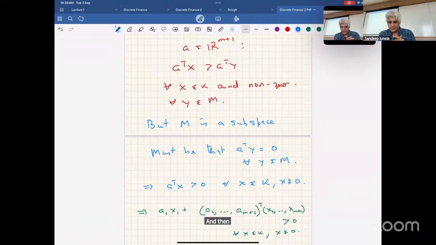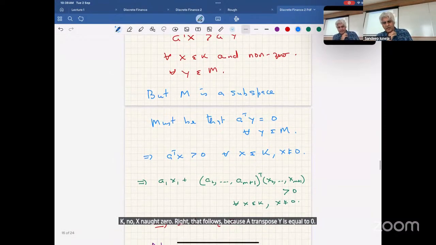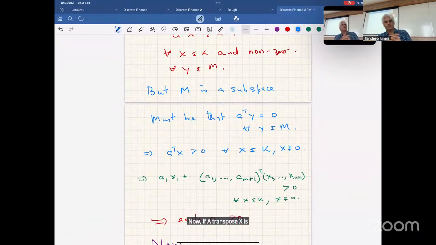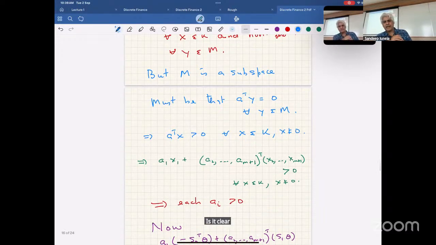And then A transpose X is greater than 0 for all X in K, X not 0. That follows because A transpose Y is equal to 0. Now, if A transpose X is positive for all X in K, X not equal to 0, is it clear that each A_i must be positive? Suppose one of them is negative.